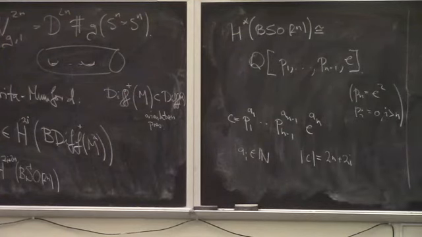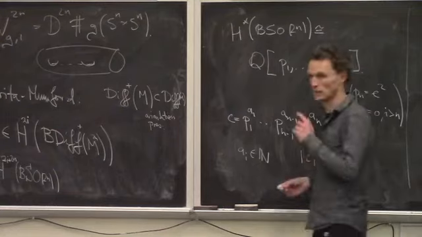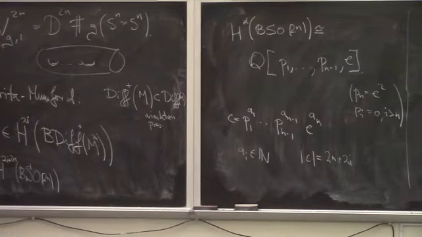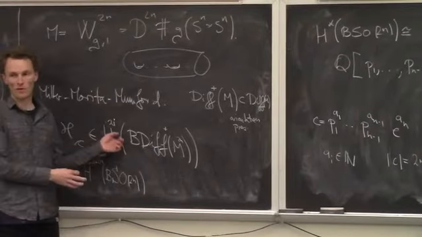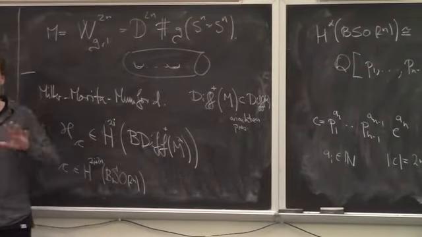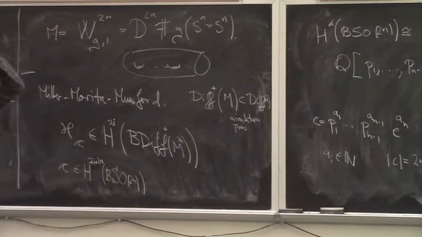What's the map from these Miller-Morita-Mumford classes to ordinary characteristic classes of vector bundles? The map goes the other way. If you have a characteristic class of vector bundles, you get one for manifold bundles. It's because the fibers are oriented and closed.